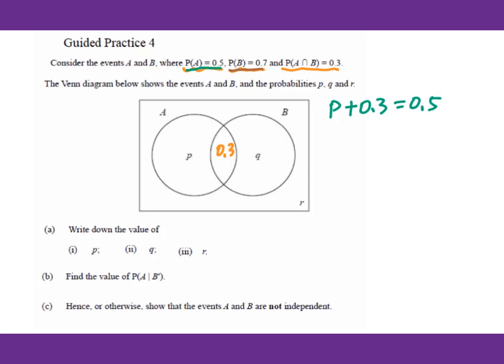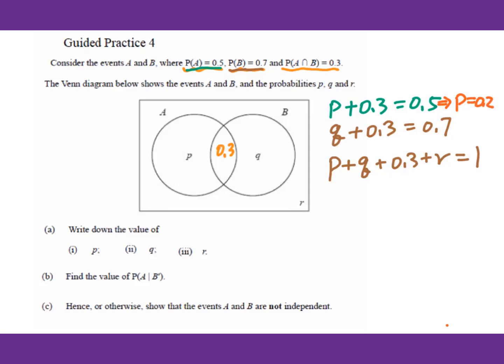Probability for B, 0.7, means Q plus 0.3 equals 0.7. And P plus Q plus 0.3 plus R equals 1. So we try to solve. From here, we get P equals 0.2. From here, we can get Q equals 0.4. Then we can get R equals 0.1.